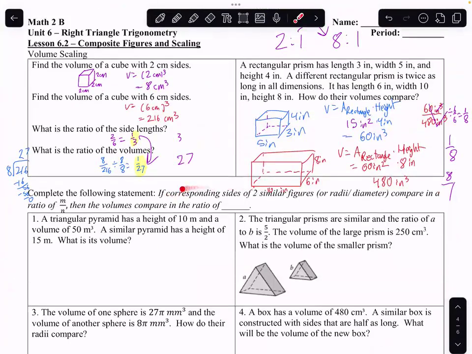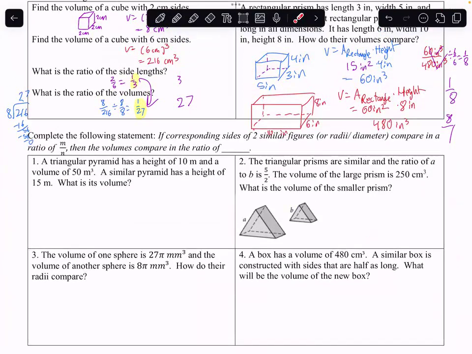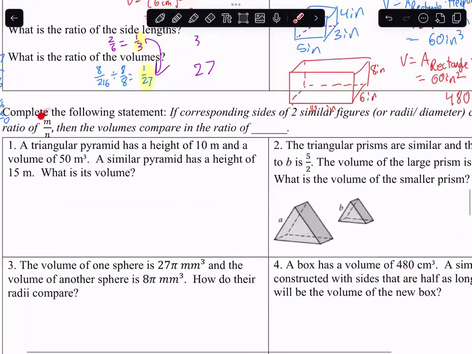Okay, so if the corresponding sides of two similar figures or radiuses or diameters, if they compare in any ratio m over n, as Maya just said, to get the volume ratio, you instead do m cubed over n cubed.